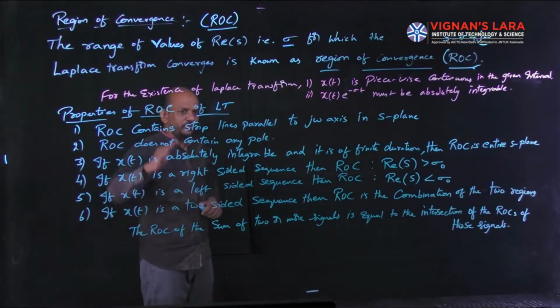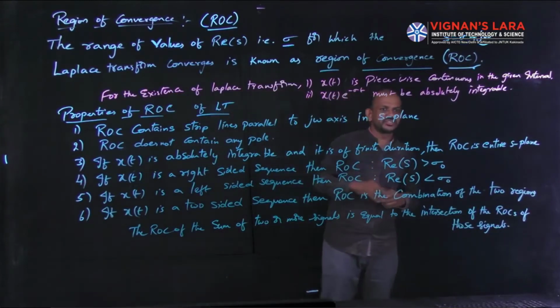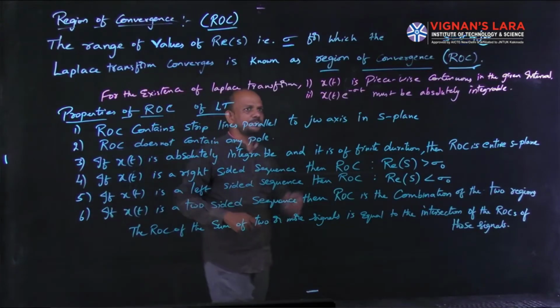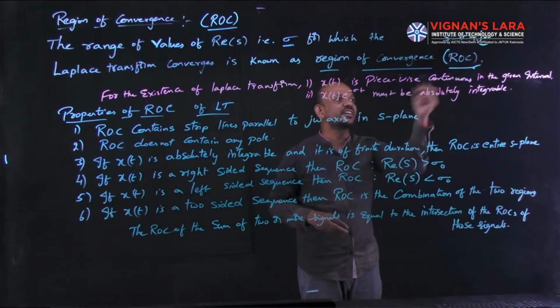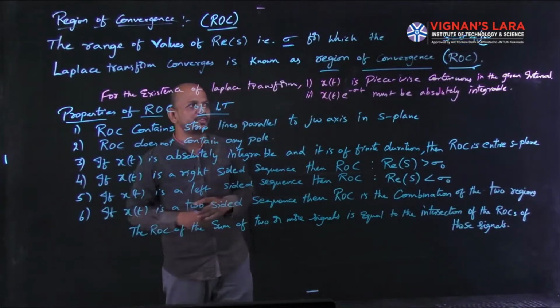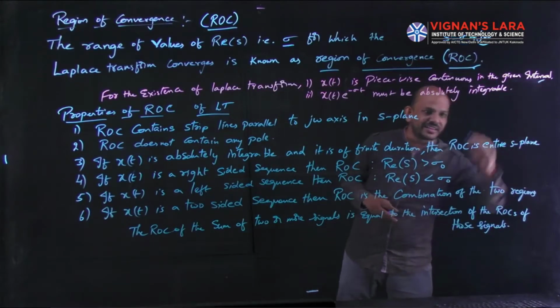And for the existence of Laplace transform, it has to satisfy some conditions. The first condition is that x of t is either continuous or piecewise continuous in the given closed interval.